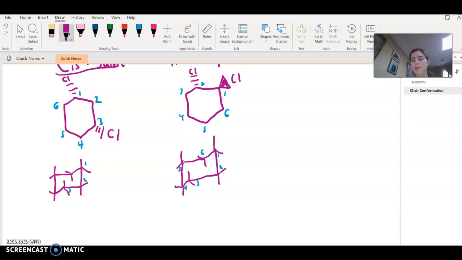And remember, they are cis, so they're going to go in the same direction. So I'm going to make this chlorine go down. So this is down, this chlorine is down. And then this chlorine has to be down. So that also happens to be equatorial. So this is also down. And therefore they are the same.